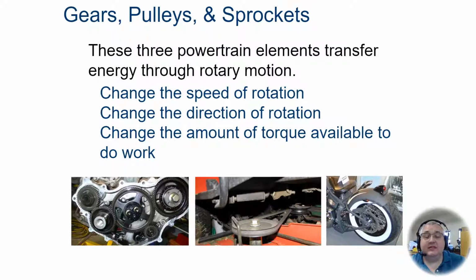If we start off with one turn of the engine equals one turn of the wheels, then as we proceed down the road and get faster and faster, we don't need that much torque. We want to go faster. So we might say one turn of the engine is two turns of the wheels, or one turn of the engine is now four turns of the wheels when we reach interstate speeds.